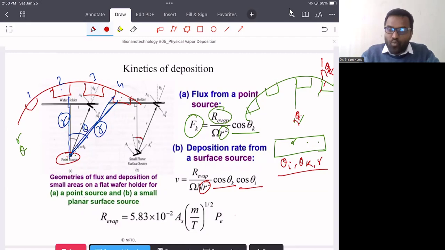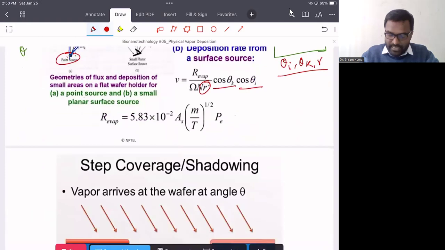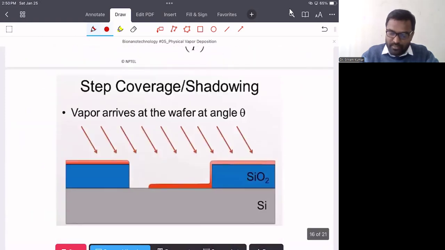Now let's understand the effect of theta on the deposition of this material. Suppose this is our silicon and this is the SiO2 layer, and we want to make such kinds of devices. In this particular case, we need to protect this SiO2 layer, so for that we need to deposit other kinds of materials.